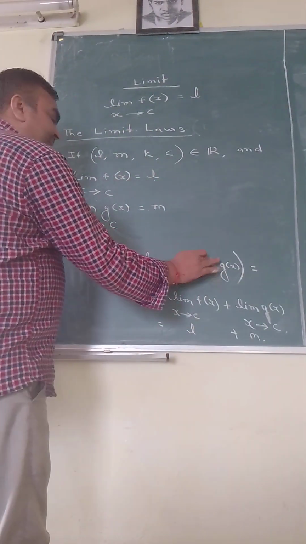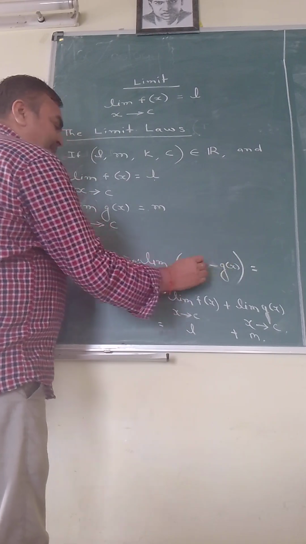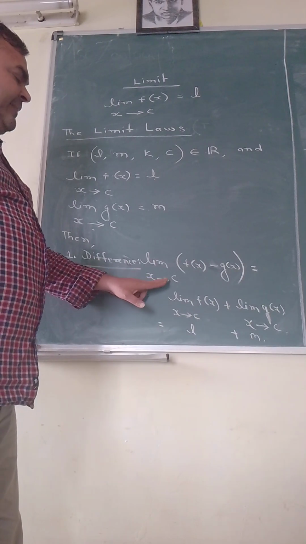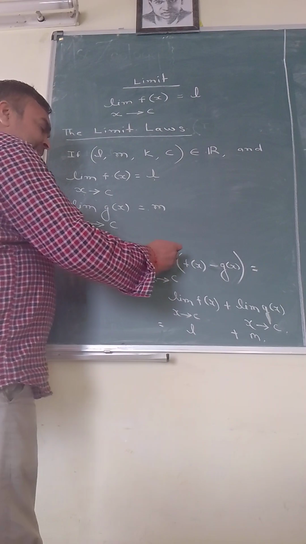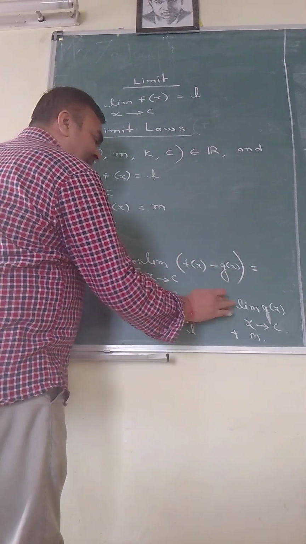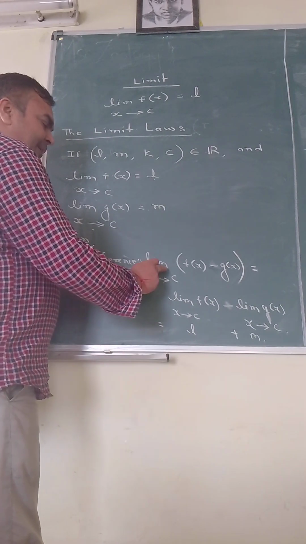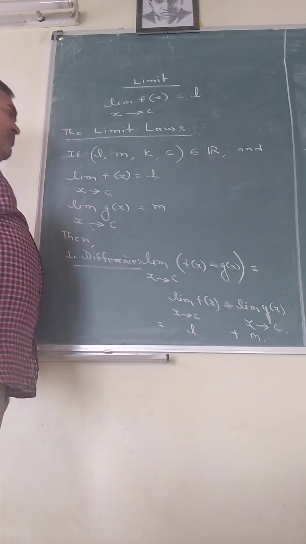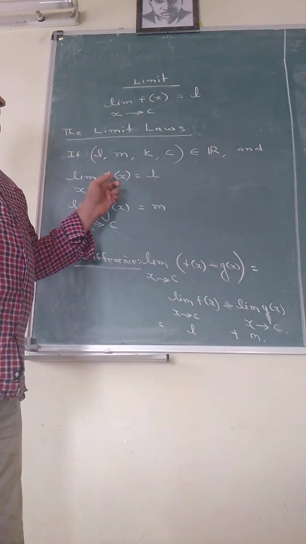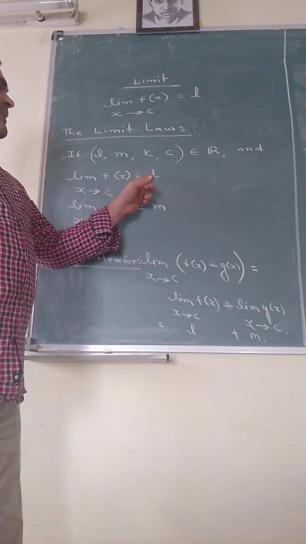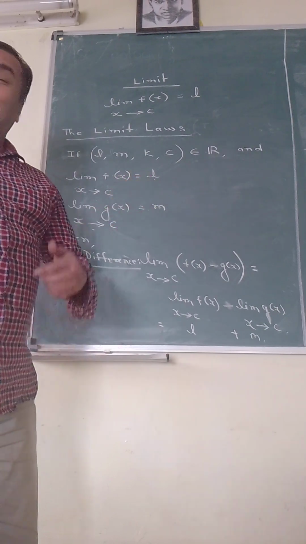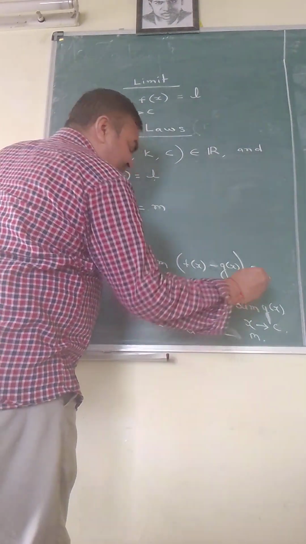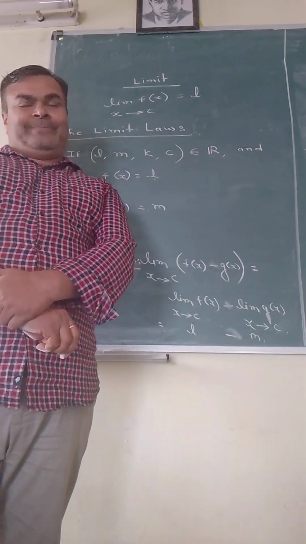It means the sign will be f(x) minus g(x), with the same approach, x tends to C. Again, this will be generalized as the limit of f(x) minus the limit of g(x). Again, we have the values of f(x) and g(x) as L and M, so that we directly write L and M with the subtract sign.